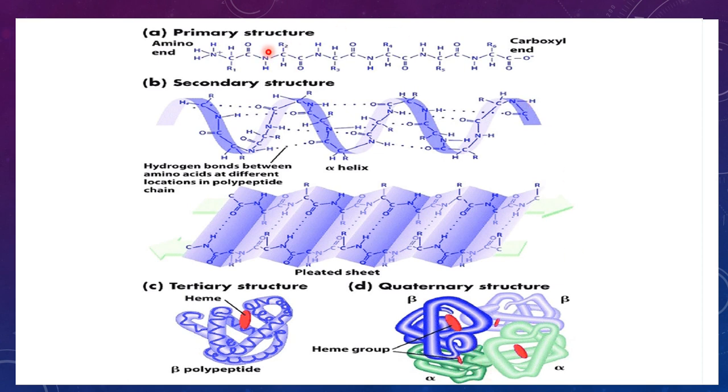Now just assume that if the primary structures are alphabets, the secondary structures are words and the tertiary structures are sentences, then we can consider the quaternary structure as paragraphs. So that's all about the structure of proteins.